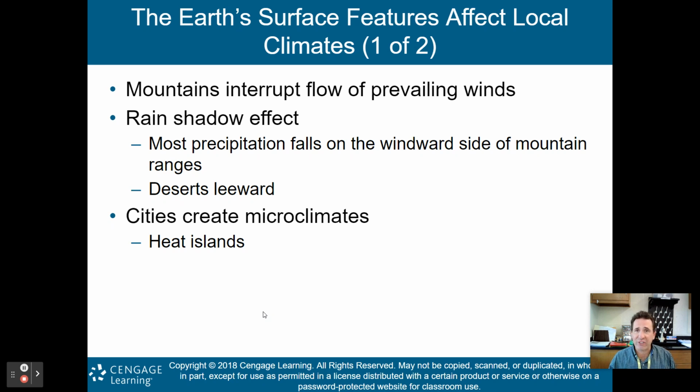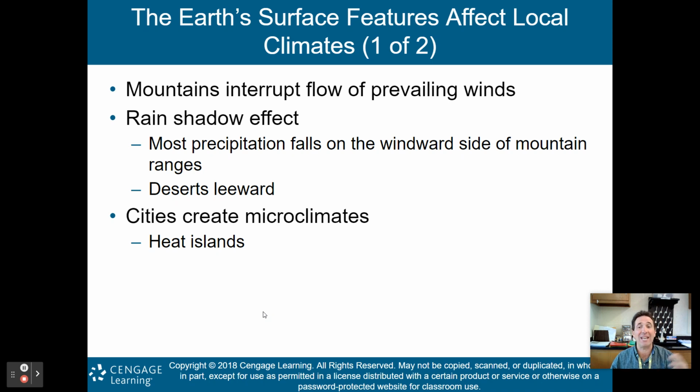Finally, the Earth's surface features affect local climates as well. So we have something called the rain shadow or the orographic effect. This is when mountains interrupt the flow of prevailing winds. Most precipitation will fall on the windward side of the mountain range, or the side that faces the prevailing wind. Most of your deserts are on the leeward side of that mountain range, or the other side of the prevailing wind.